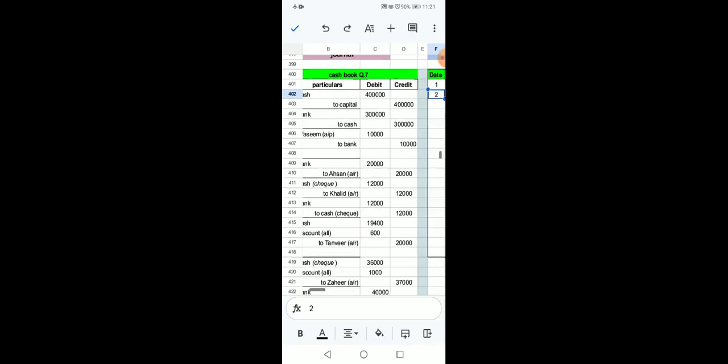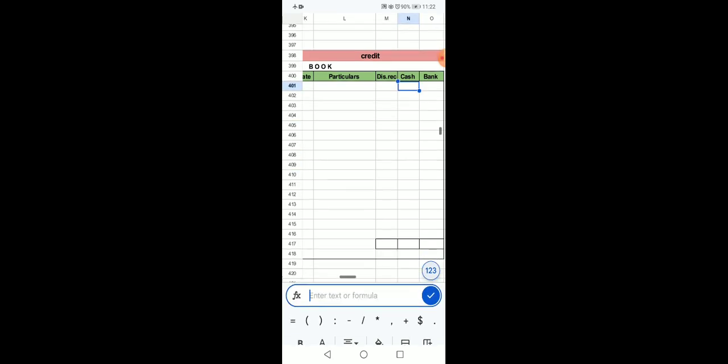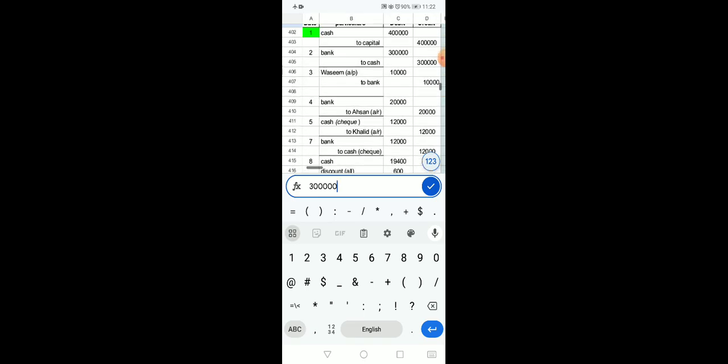Since there are two elements in this entry, bank has already been written. The second step is to write cash. Cash is credited with 3 lakh rupees. You will go to the credit side of the cash book, and in the cash column you will write 3 lakh, and you will see the reference. Reference is the opposite side.